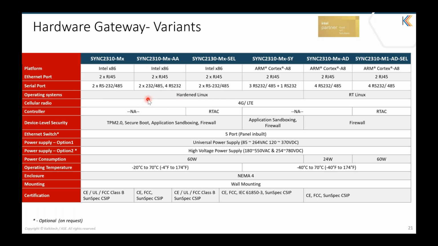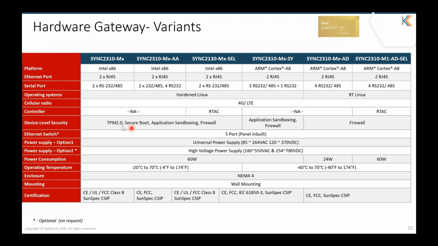Some of the hardware has hardened Linux, and some has the RT Linux system, and some has the attack controllers. You can see that the cell attack is provided as part of some of the models, where you have one for the Intel box and one for the ARM-based box as well.